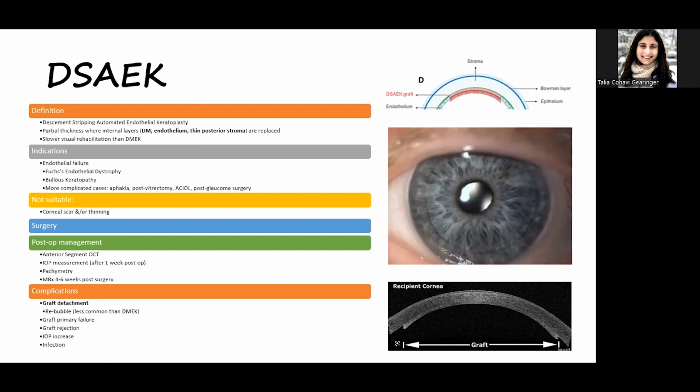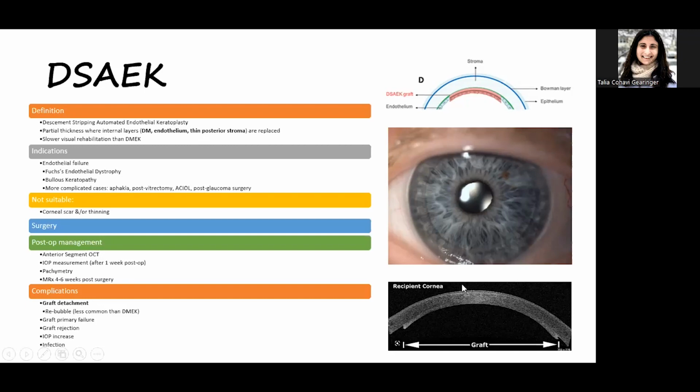We put an air bubble underneath it, and then the patient sleeps facing up for a couple of days, and that allows the tissue to heal itself inside the cornea and attach. But as we will see, one of the complications is that it can detach, and then we'll need other treatments.